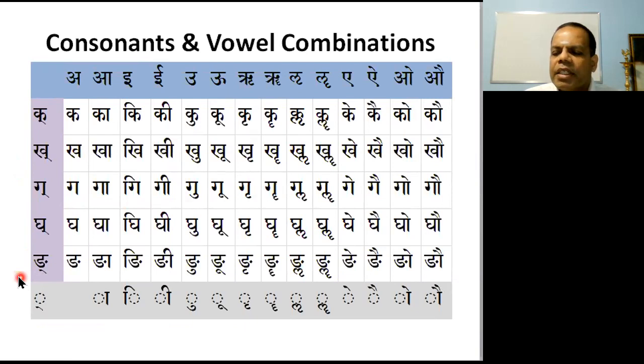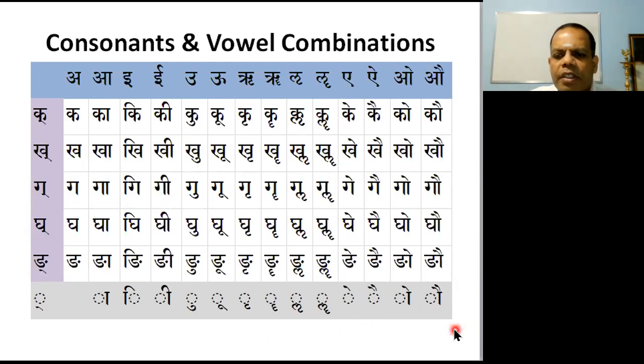That's the 5 letters in the ka varga. And I have put the vowels here, and these are the combinations. Okay, and you can see at the bottom, these are those extra pieces you add to the ka to derive those letters. Okay, you can read them and see. You can practice writing. I don't have detailed writing exercises for this, but I'm sure you should be able to use whatever you have learned so far and write these also if you would like to write and practice.